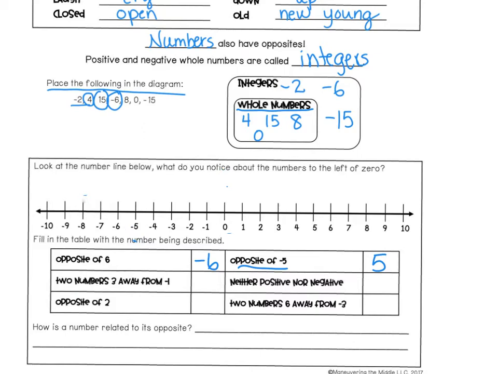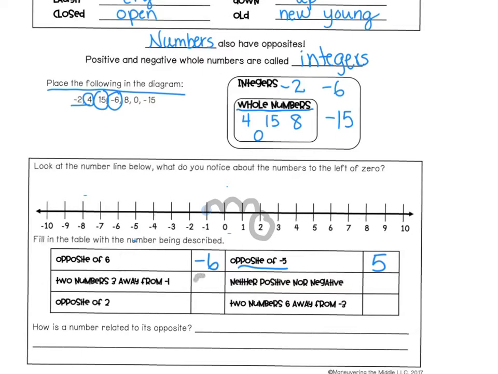Okay, so two numbers that are both 3 away from -1. Let's find -1 on the number line. There's -1. And I want something that's 3 away, so I'll go in this direction first. 1, 2, 3. Oh, +2 is 3 away from -1.